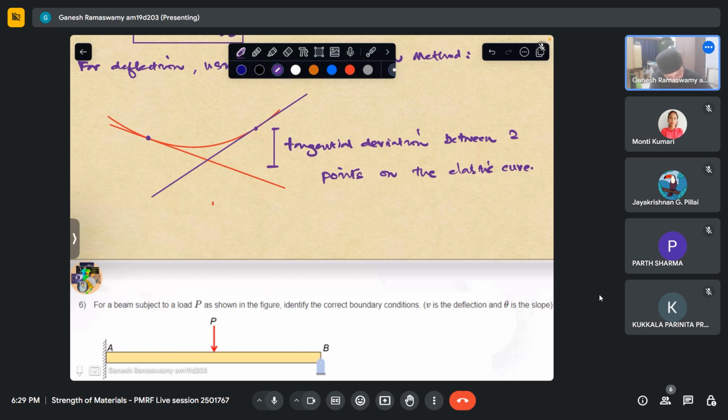And this is given by the first moment of area of the M by EI diagram.